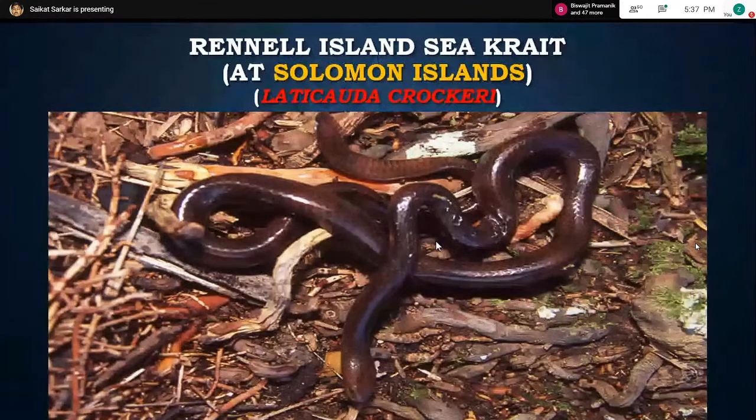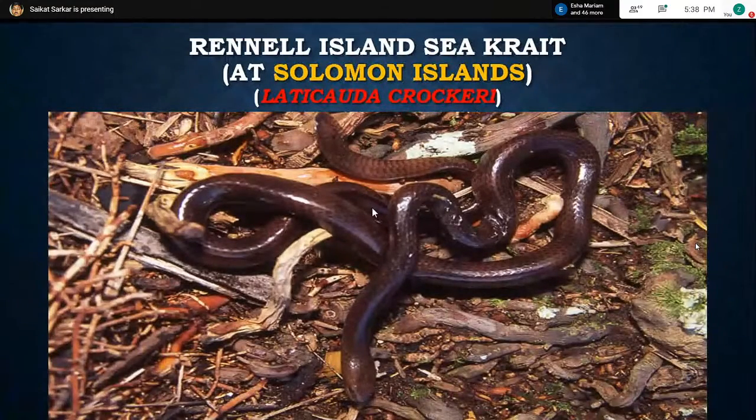You can search in your Google map also. This is one of those islands. The group of islands is called Solomon Islands, and this Rennell Island is one of those islands in the Solomon Island group. So this is an example of a freshwater sea snake.